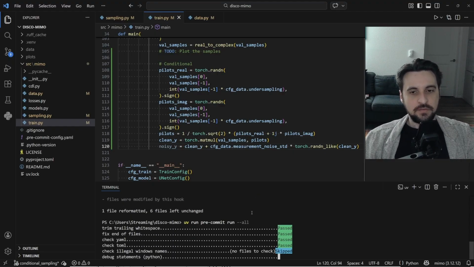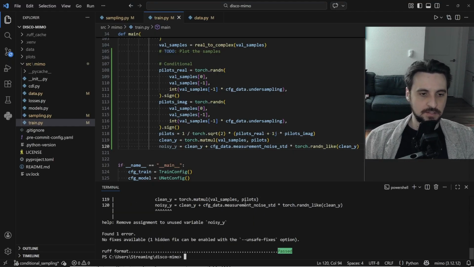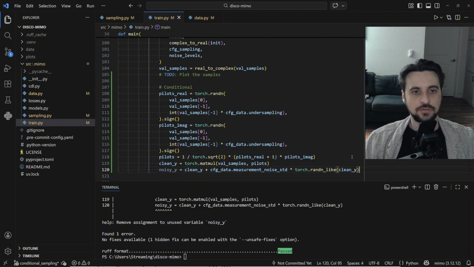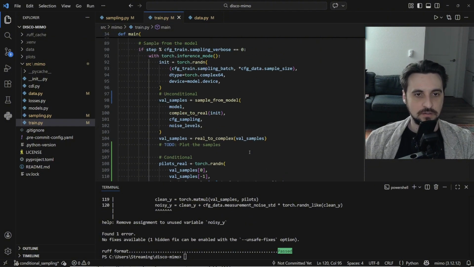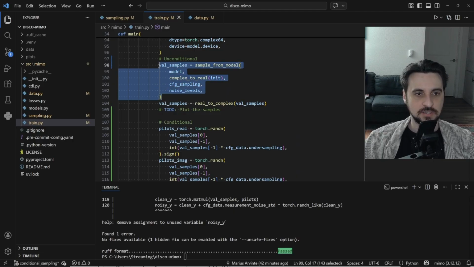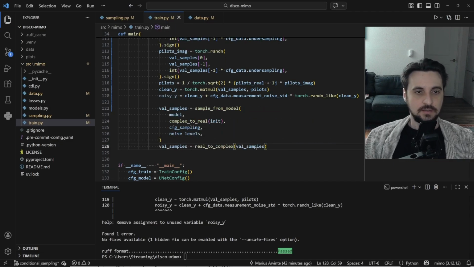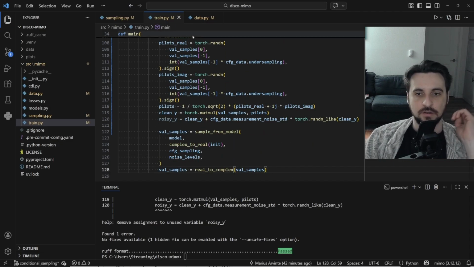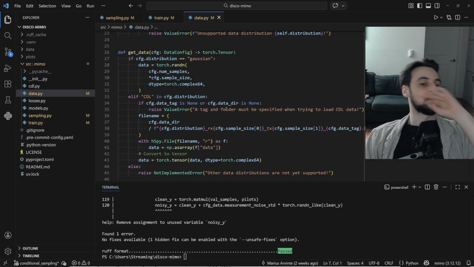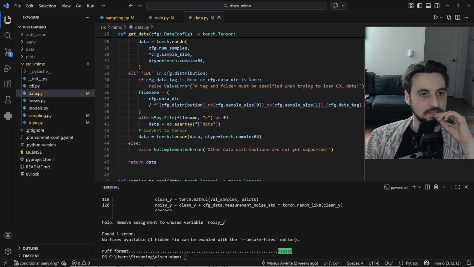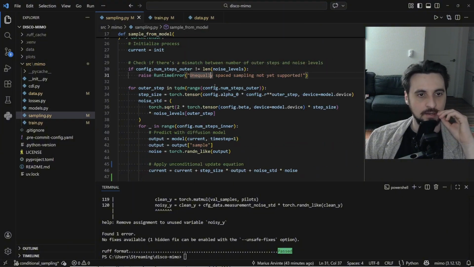So now I have all the three things I need. Okay, so then I can just run conditional sampling, which is exactly this. Now there is a lot of trickery here. I made a mistake because neural networks work with real values.